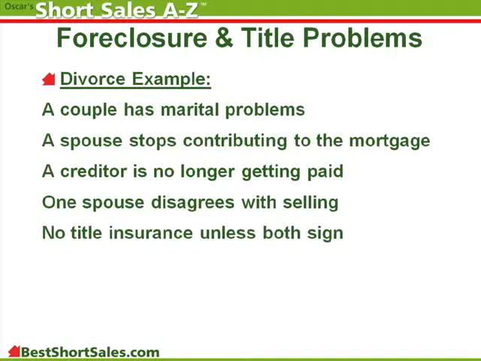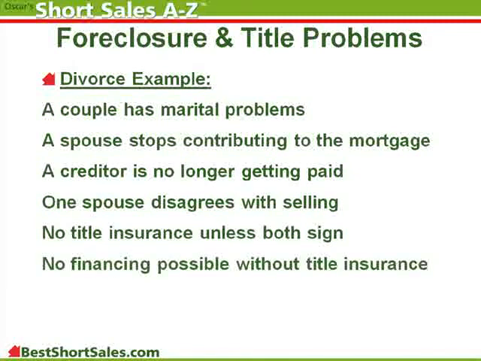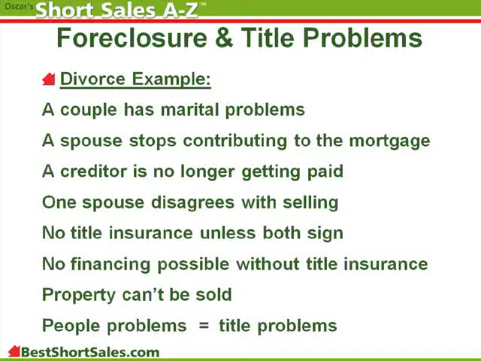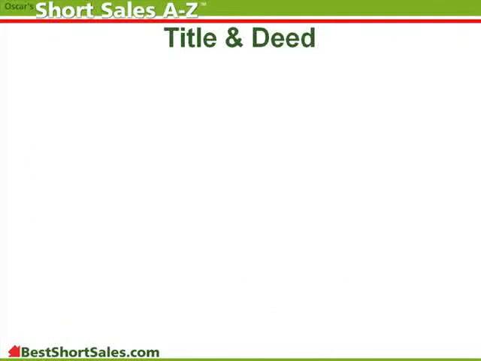If there is a buyer, no title insurance will be issued unless both sign. Lenders do not finance properties without title insurance, so the property can't be sold. Thus, people problems create title problems. Title and deed. The best way to resolve and prevent further problems is to understand the title, deeds, and ownership.